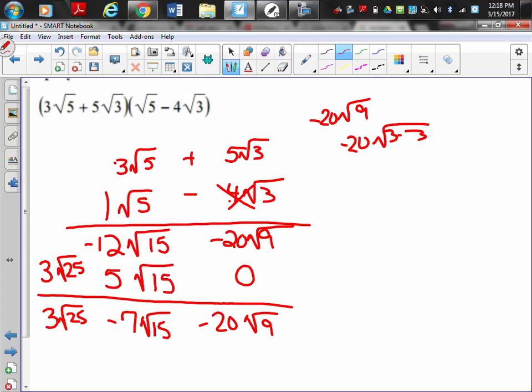Yes, so what is my pair? 3. So times 3, 3 times negative 20 is negative 60. Alright, so 7 square root of 15. 15 is what? 5 and 3. Any pairs? Alright, so this one's done.